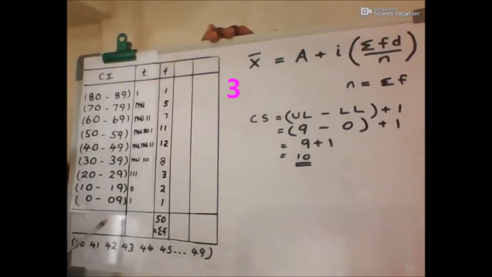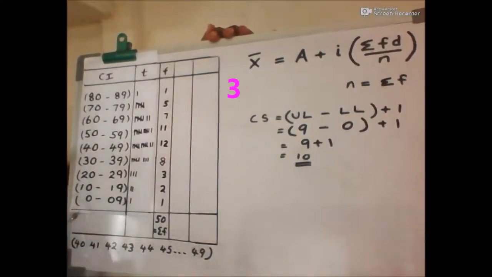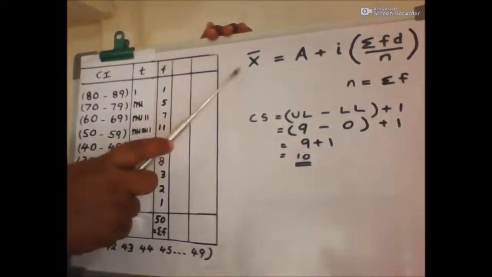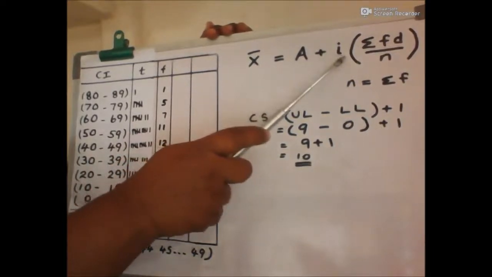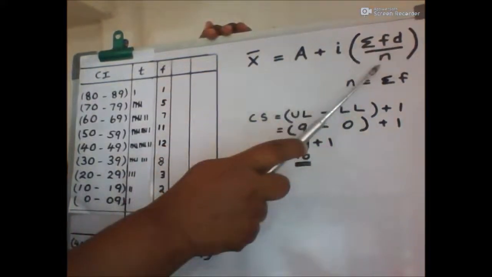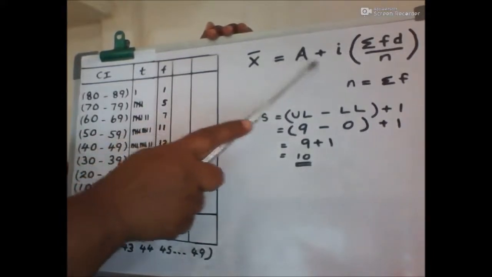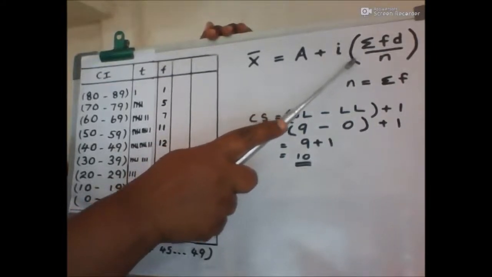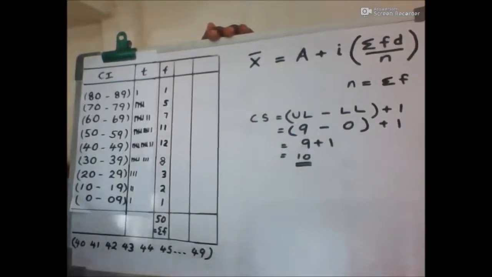Now we are going to calculate the arithmetic mean for this set of data. Okay. Now this is the formula. Say it. X bar equals A plus I into summation FD divided by N. So what are the values we know and what are the values we don't know?